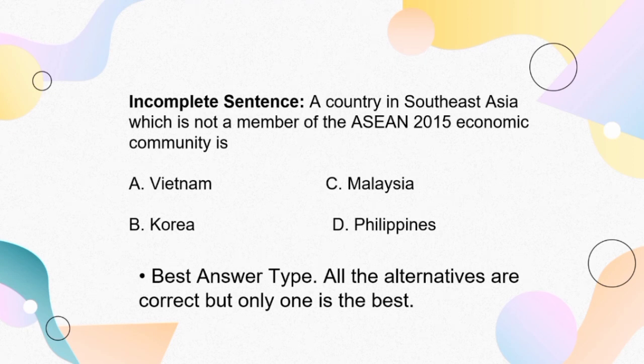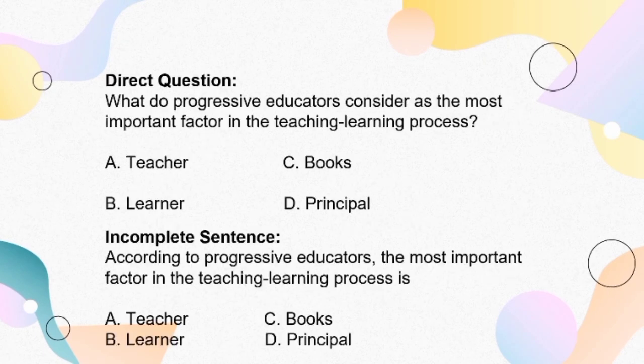Incomplete sentence: A country in Southeast Asia which is not a member of the ASEAN 2015 Economic Community is A. Vietnam, B. Korea, C. Malaysia, and D. Philippines. Best answer type. All the alternatives are correct but only one is the best.